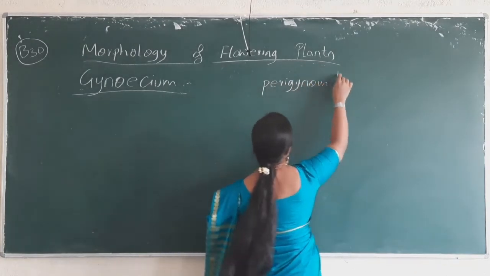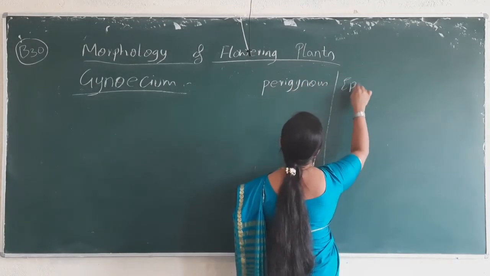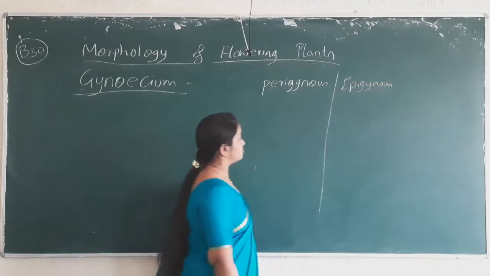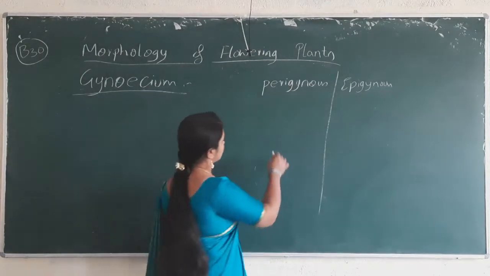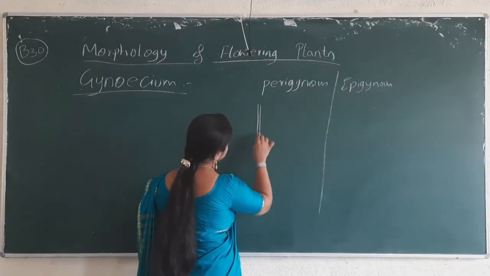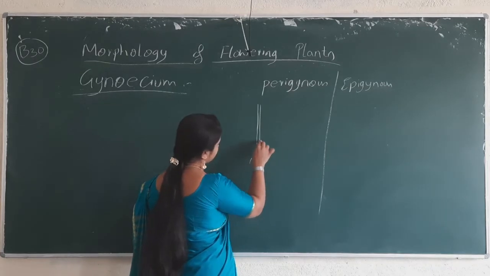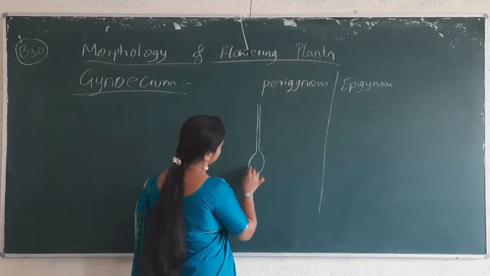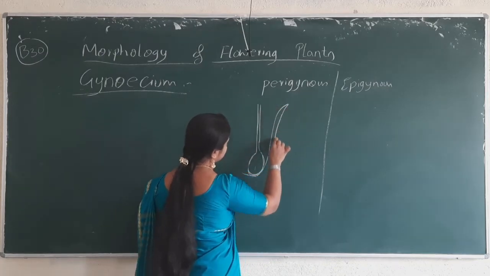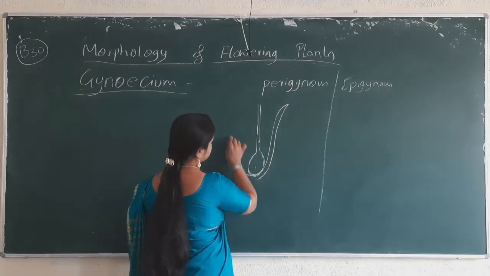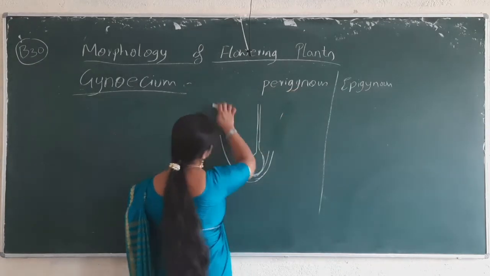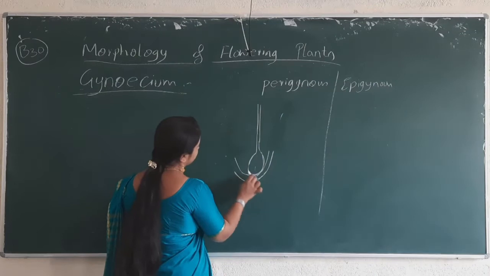Perigynous and epigynous. Draw the diagram of these two. Okay, so perigynous means the ovary will be here and the thalamus, and this will be the thalamus.